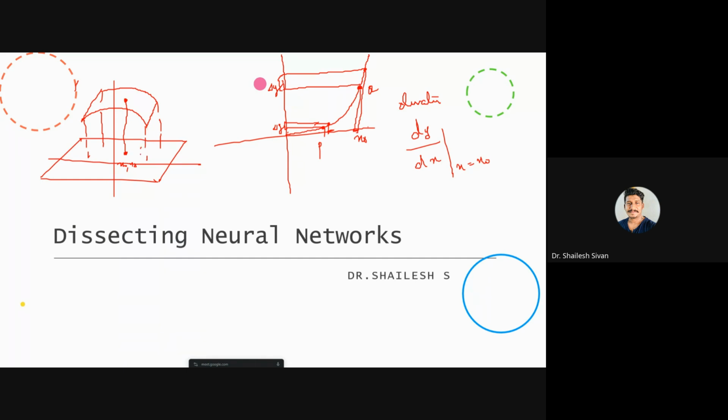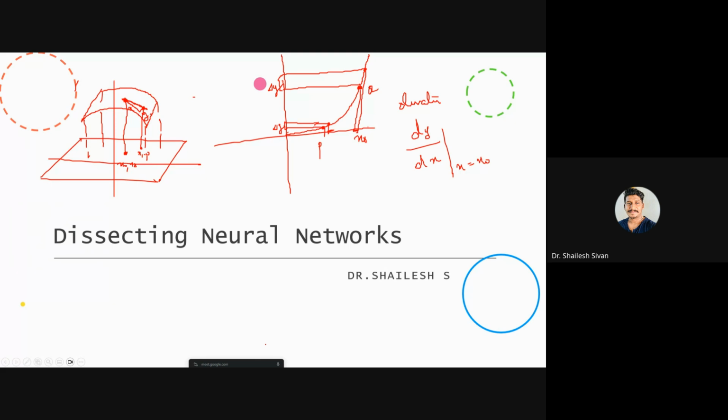When you move from x0, y0 to some x1, y1, you will have another value. The change happening from this point towards this point will be different in terms of the x-axis and y-axis, right? Are you getting it?